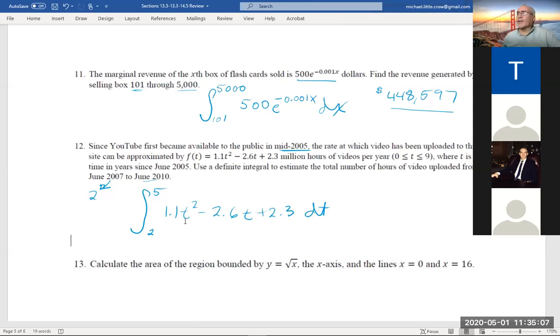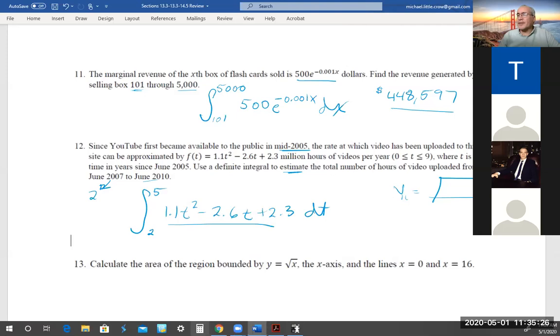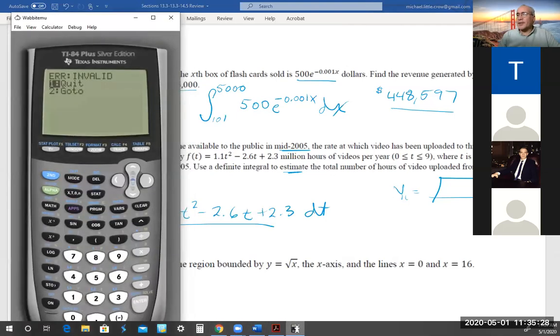Okay, and so estimate the total number of hours of video upload, and since it's an estimate, we will graph this as our Y1. Graph it, do 7 calc, and then do our boundaries 2 to 5. So let's see if that works.